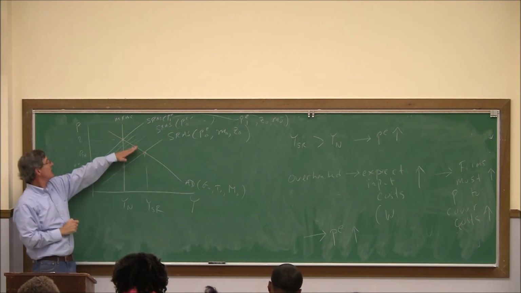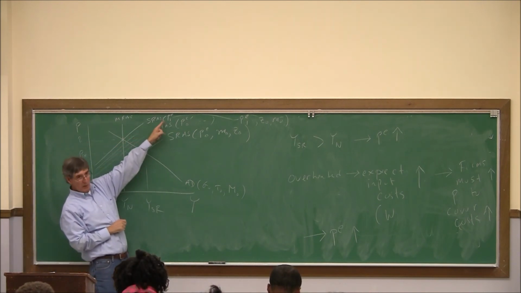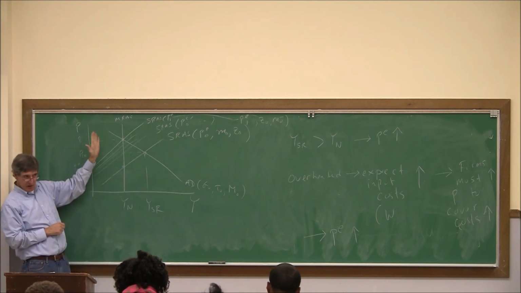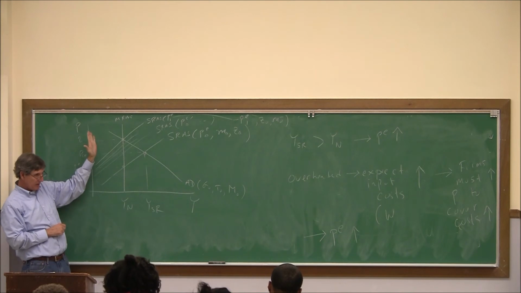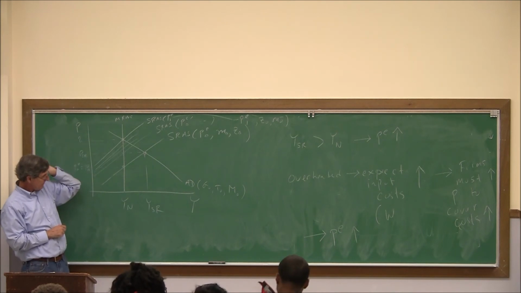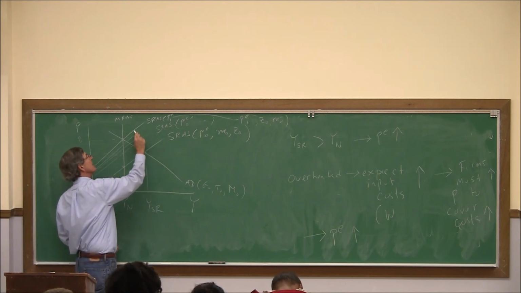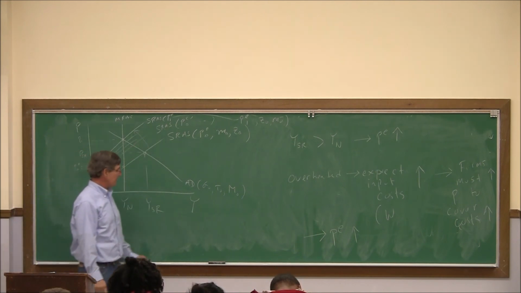So your price expectations rise. You finally hit the point where they finally equal the actual price, P1, and you're back at your long-run equilibrium. So there's a natural mechanism here, we think, driving back to the natural rate.